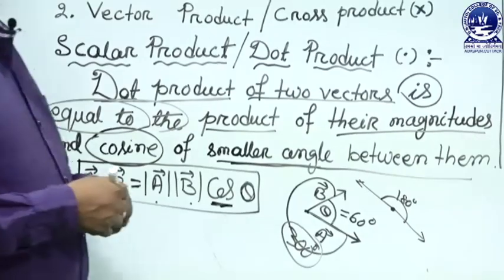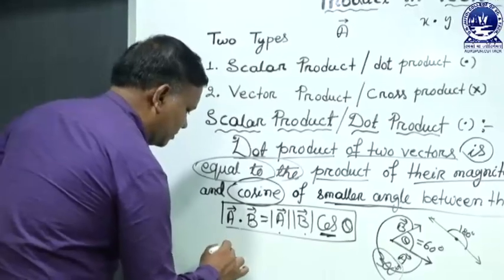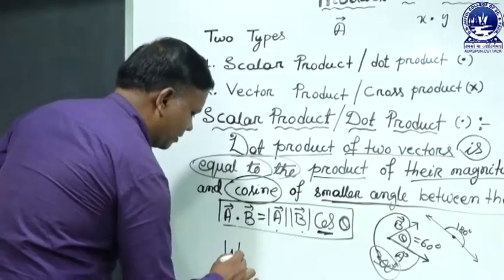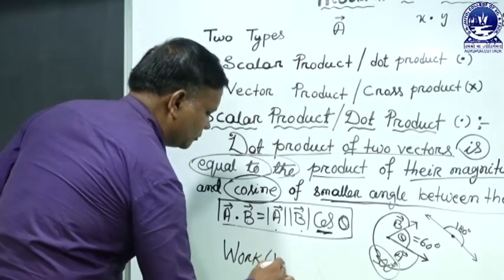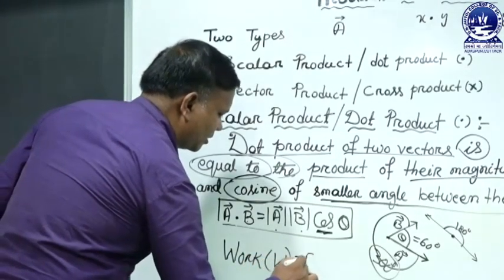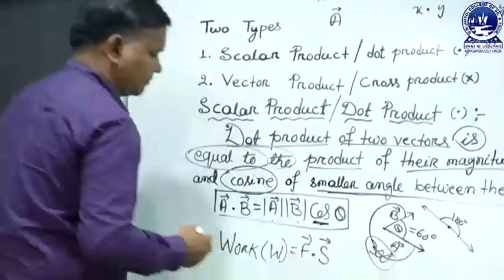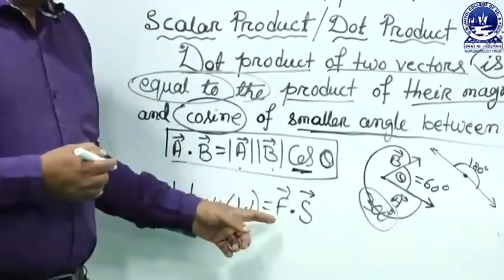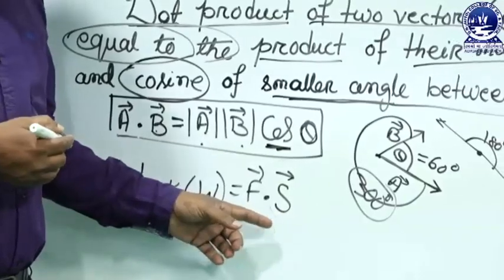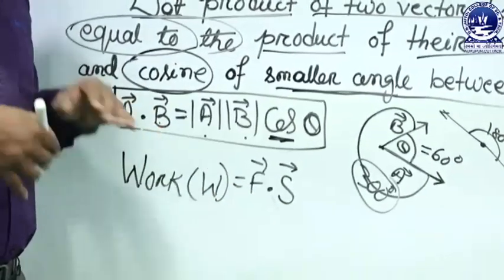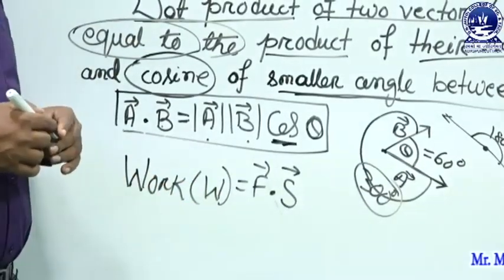Similarly, why is it called the scalar product? For example, work: W is equal to the dot product of force and displacement. F is a vector quantity and displacement S is also a vector quantity, but after the product, the result is a scalar.